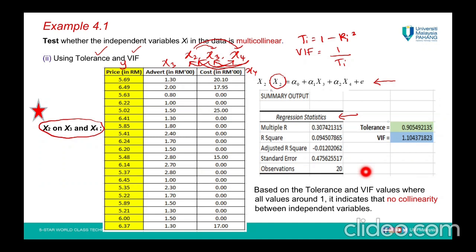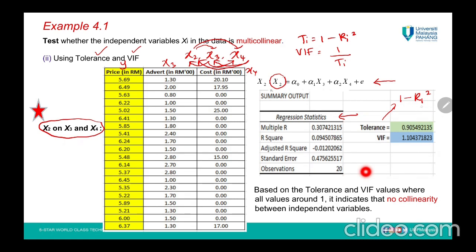So to calculate tolerance, remember that the value for tolerance is 1 minus R1 squared. Since now we focus on the first one, that is price, the first independent variable is price. So that is 1 minus R1 squared.